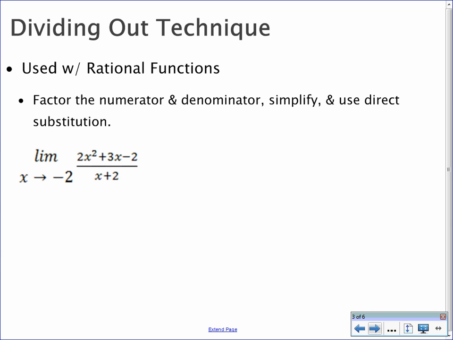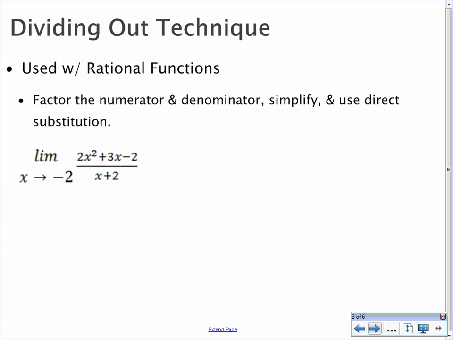When we graph rational functions, we factor and then look to see if any factors canceled, and then we would graph our equation. We did a little bit of that yesterday. Same thing, if direct substitution is not going to work immediately, next see if you can actually reduce your fraction at all.